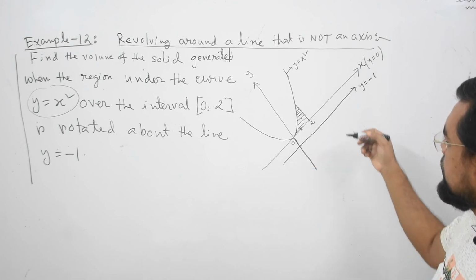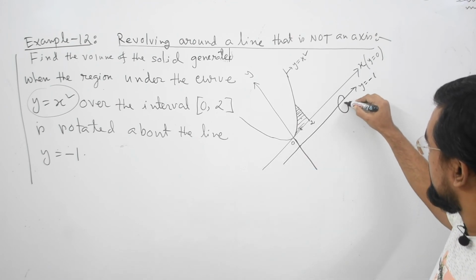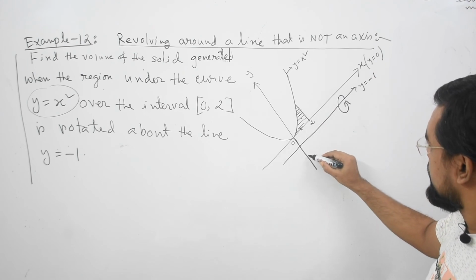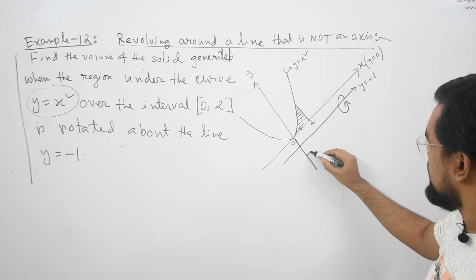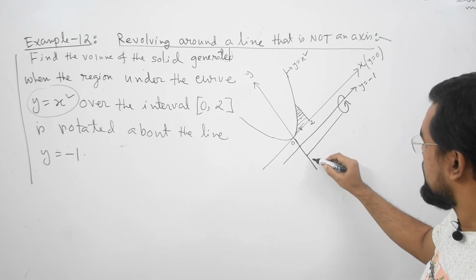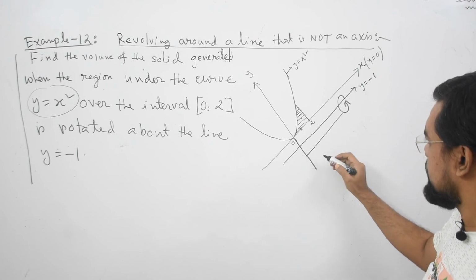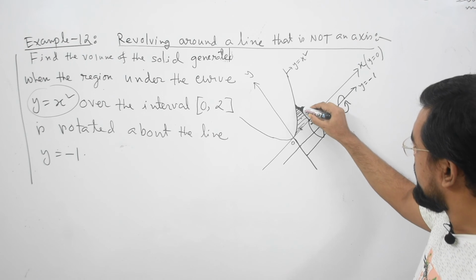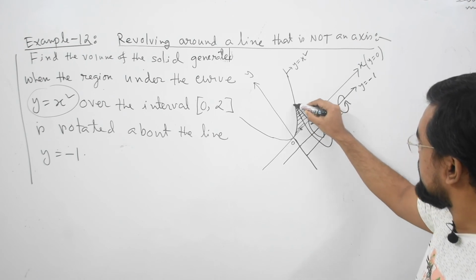So if you revolve this region about this line, then you will get an empty interior like this. This is your empty interior, and the solid will look like this.